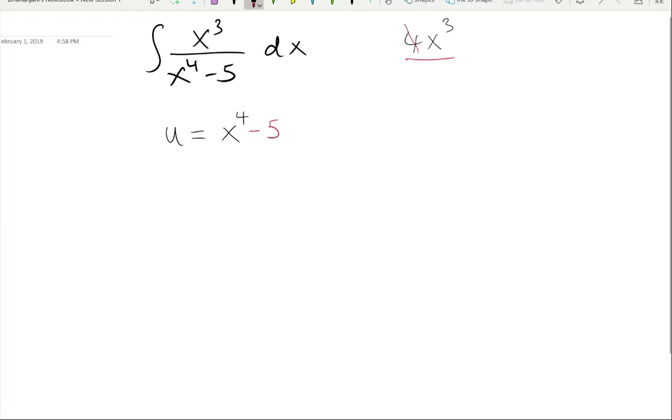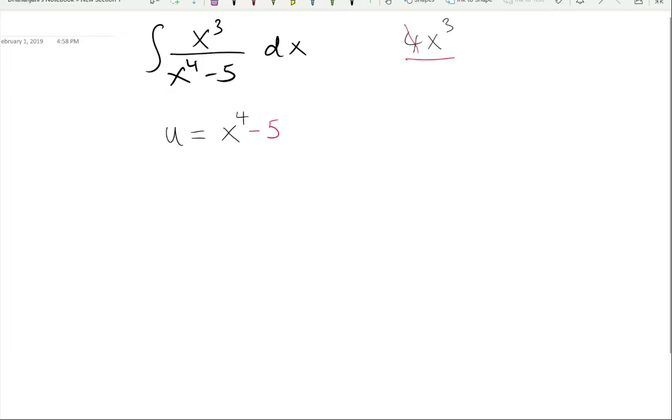But the most natural thing that you would expect is x cube to be next to x to the 4 minus 5. Like you would be very comfortable if you see it like this. Oh, the derivative is next to my inside function, so yes, we can use integration by substitution here, but I am not sure because it's in the numerator. Do we care? Well, let's move on and try to solve the problem.